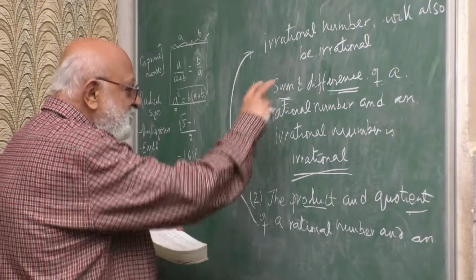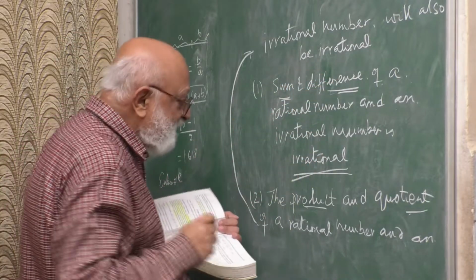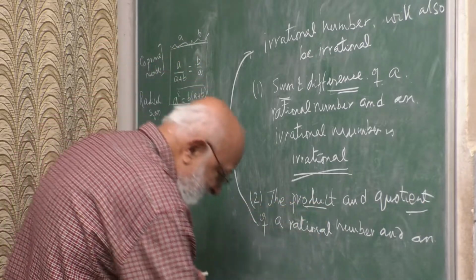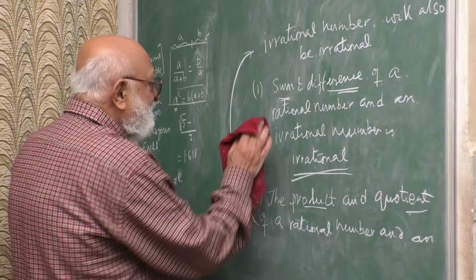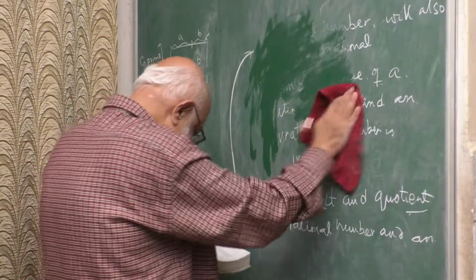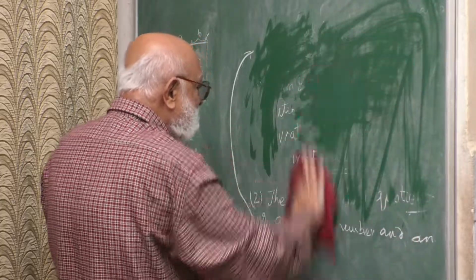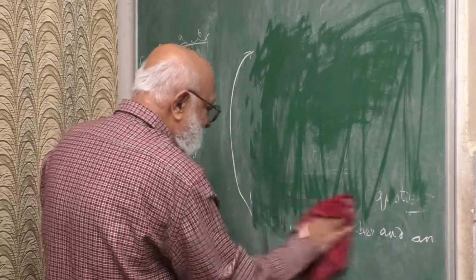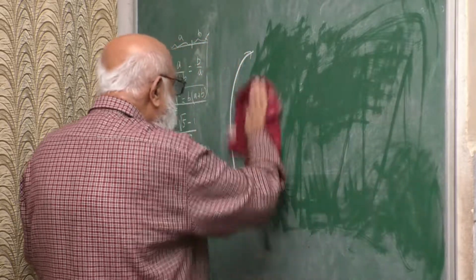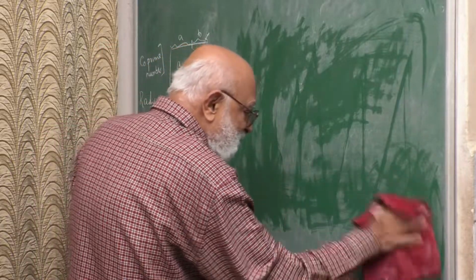So between a rational number and an irrational number, who wins? The irrational number wins. Now let us see what happens between two irrational numbers.